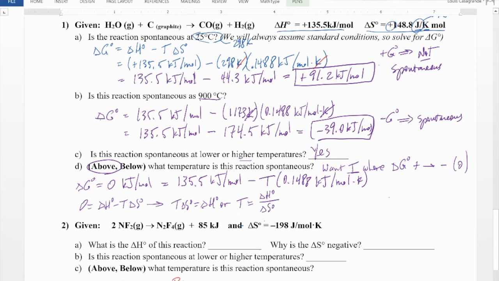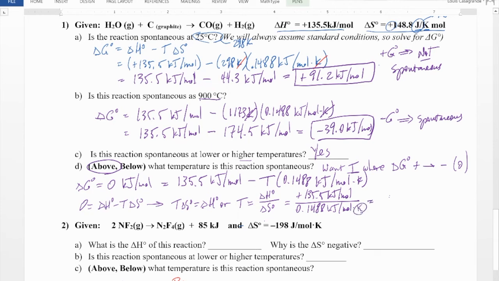That's probably a better way of doing it. I should have done that first. And so we have positive 135.5 kilojoules per mole divided by 0.1488, which you can see is going to be a large number, kilojoules per mole times Kelvin. There's our Kelvin in the denominator that comes up to the top.